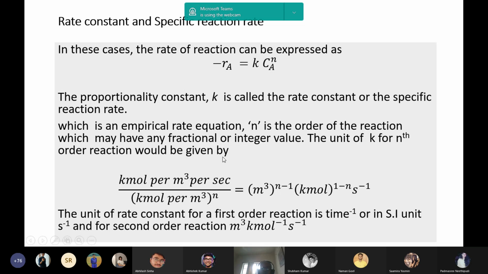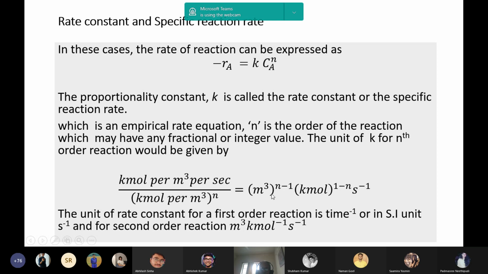Then what is the unit of rate constant for nth order reaction? Concentration inverse to the power n minus 1, and time inverse. For first order reaction, it is second inverse.